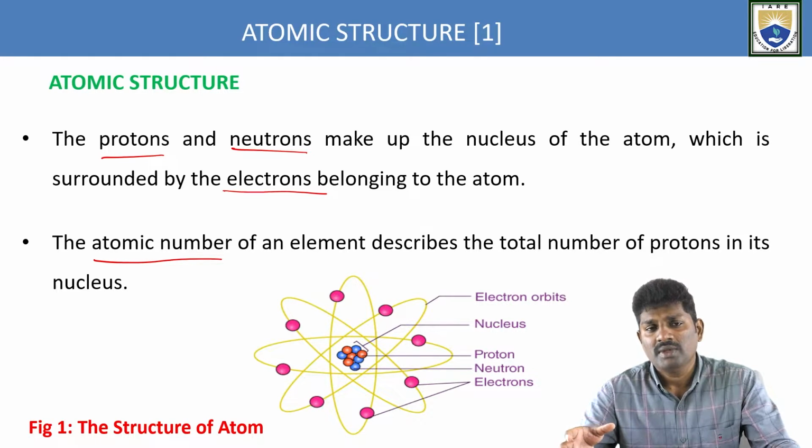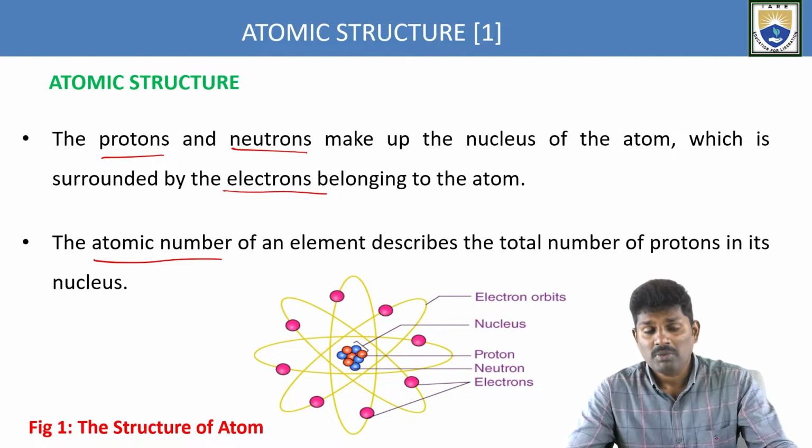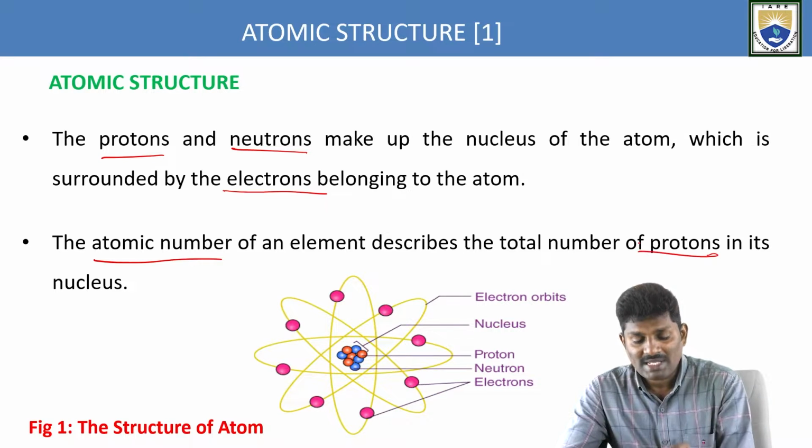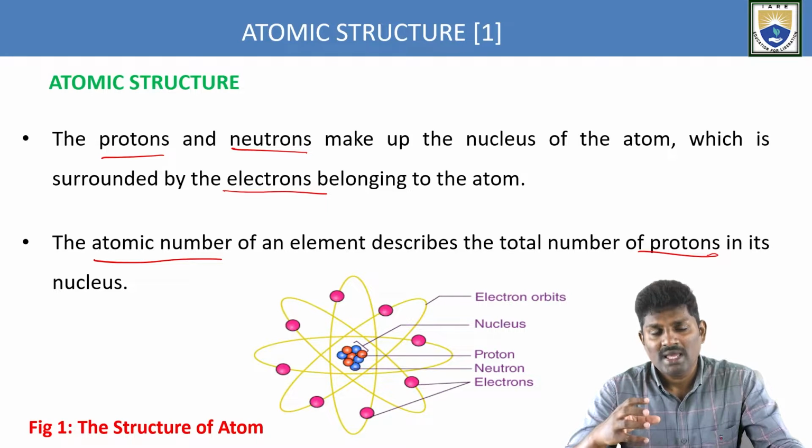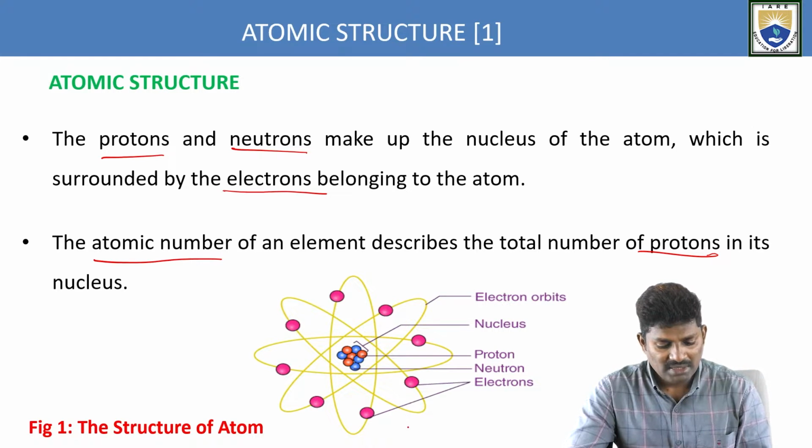This nucleus has the neutrons as well as the protons, and these are surrounded by the electrons. So this is the complete structure of the atom.